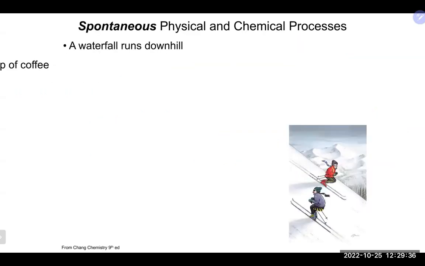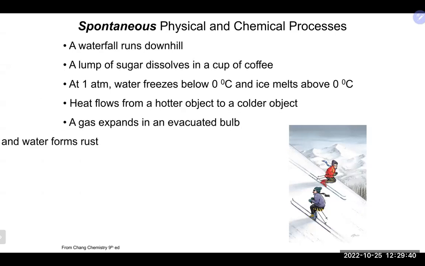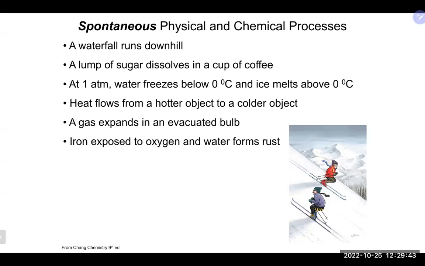So let's first talk about the idea of spontaneous physical and chemical processes. All the processes that we see on this list are spontaneous processes. A waterfall runs downhill, so usually the water doesn't go uphill. A lump of sugar dissolves in a cup of coffee. At 1 atmosphere, water will freeze at 0 degrees and ice will melt.